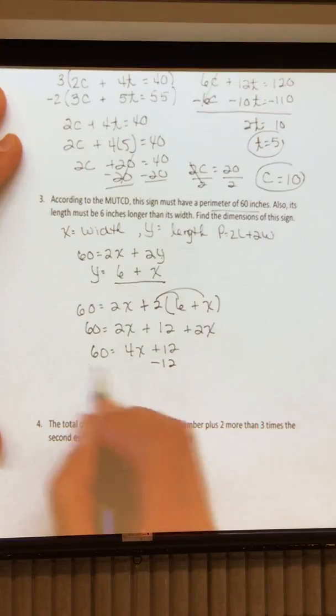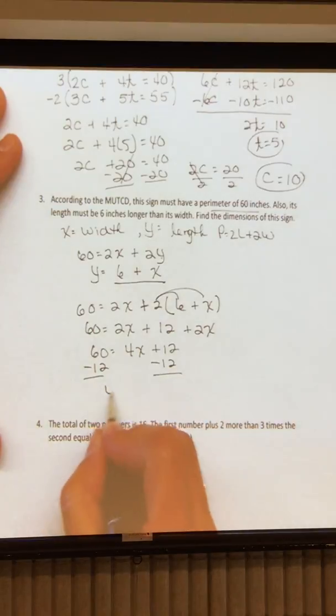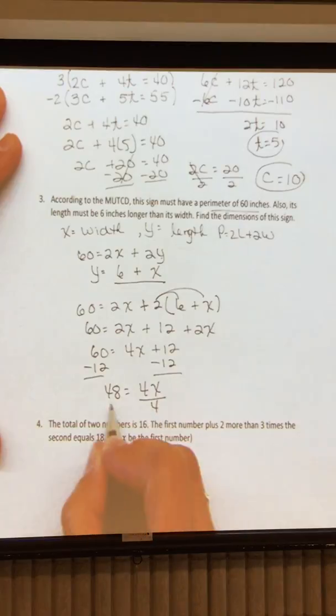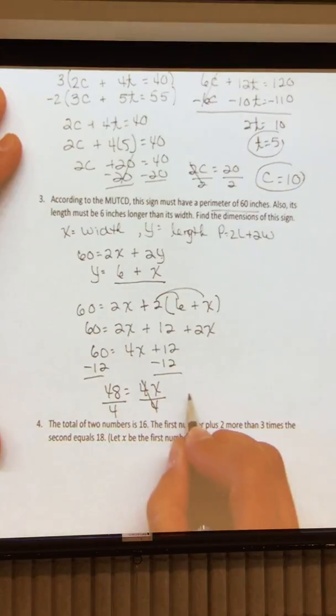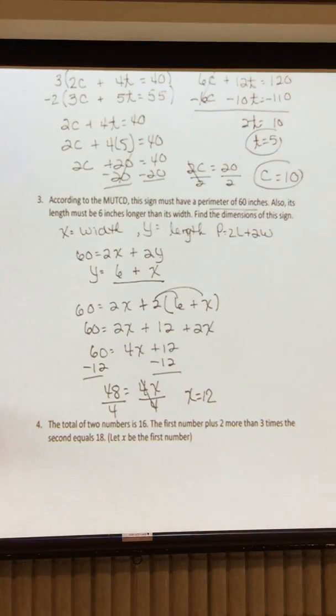Let's subtract 12 from both sides. 60 minus 12 is 48, is equal to 4x. Divide by 4. x is equal to 12.